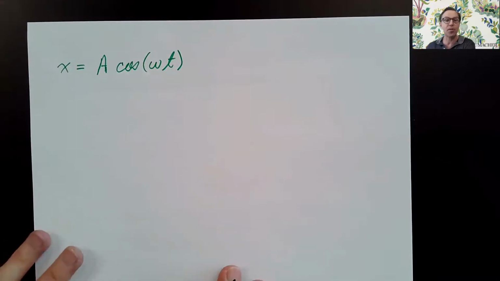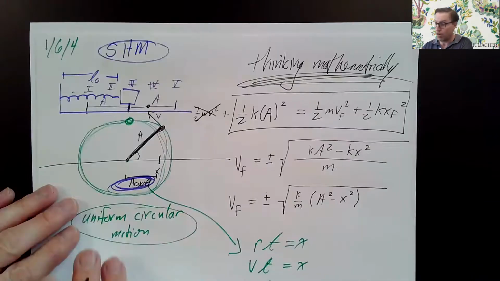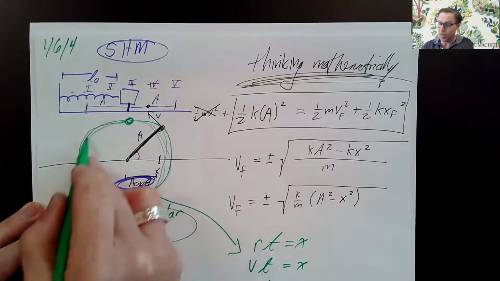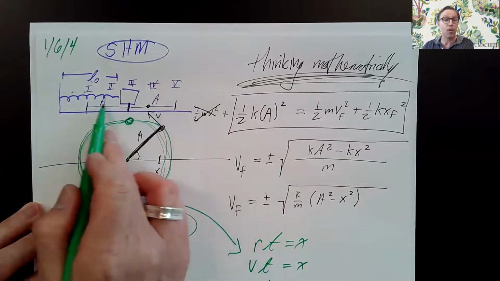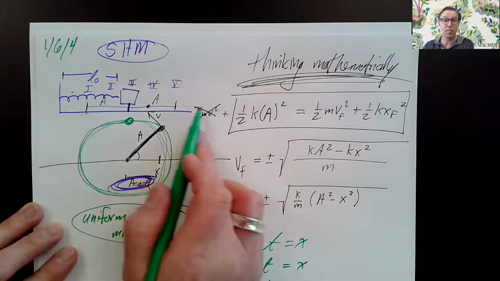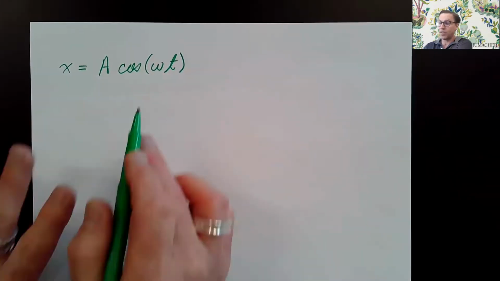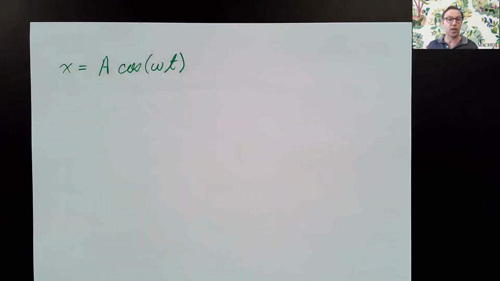And that is our general equation, A cos omega t, not just for the circular motion, but also for the back and forth motion. Because remember, this back and forth motion is just the horizontal component of the circular motion. So this is our general starting equation, A cosine omega t.